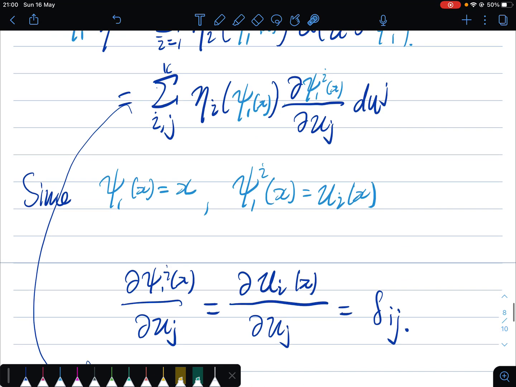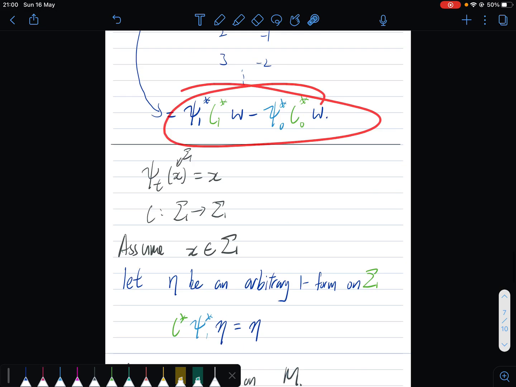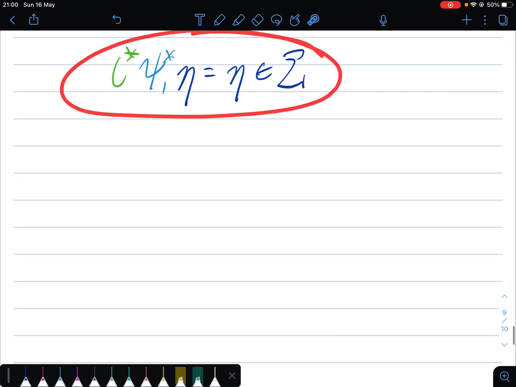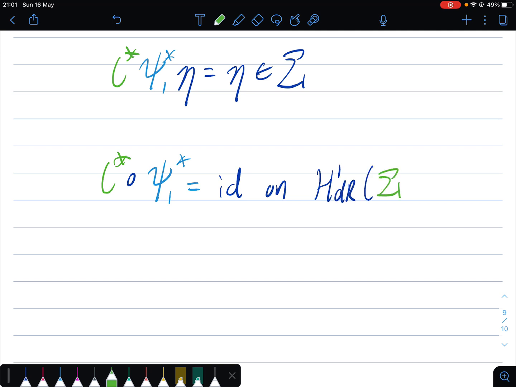Comparing this result and this result, we can see that the pullback of iota and the pullback of the psi map are the identity on the first Dirac cohomology of sigma.